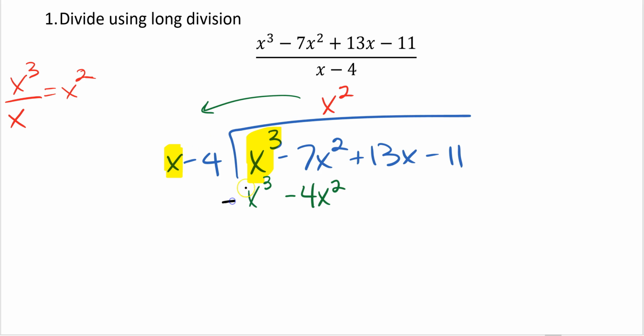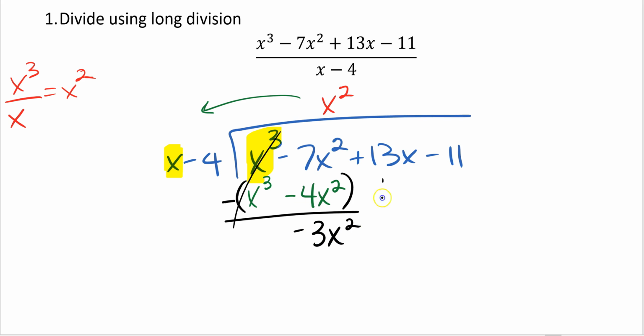Next, we're going to subtract everything in the parentheses. So then we're going to have x cubed minus x cubed cancels out. Negative 7x squared minus a negative 4x squared. So that's the same thing as negative 7 plus 4, which is going to give me negative 3x squared.